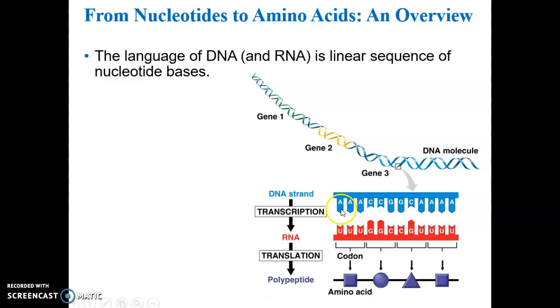Kind of like the letters of the English language are a language, or produce words that make sense. Okay? So the information in the DNA molecule or the genes is comprised of this unique sequence of bases.